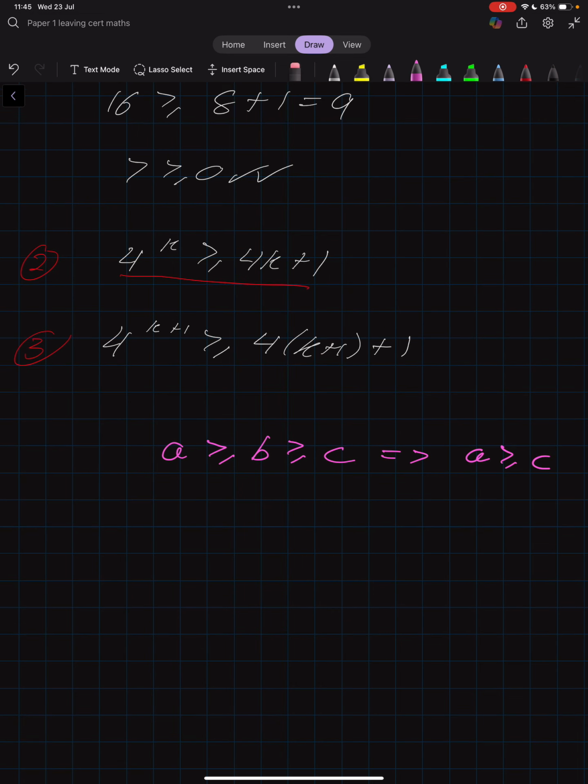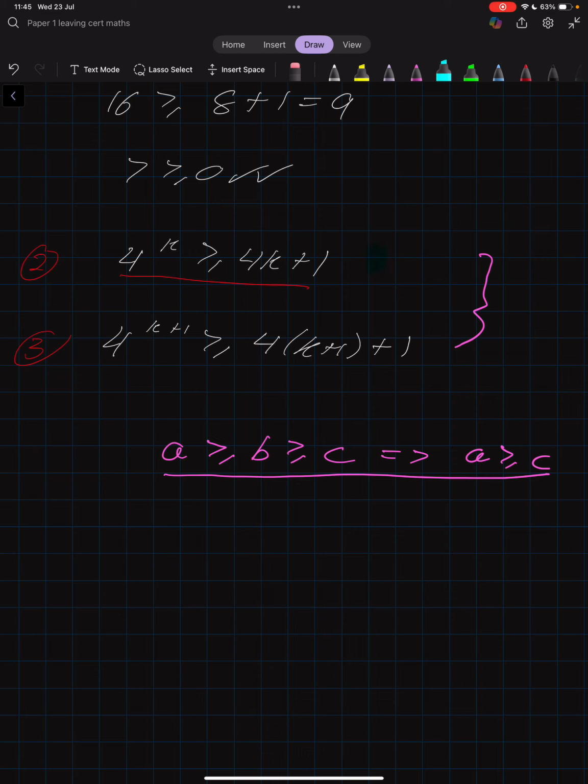Okay? This is how I'm going to prove this one up here, using this. So remember, you have to use this somewhere.